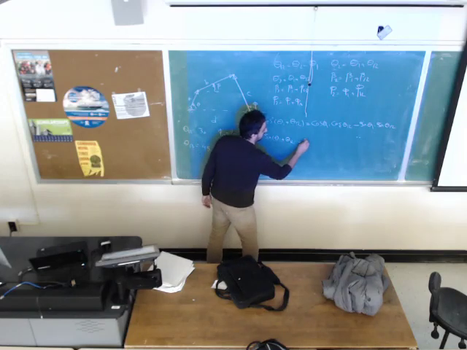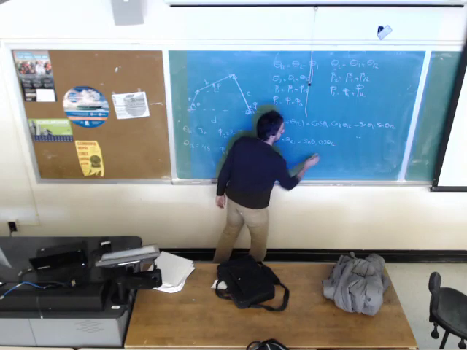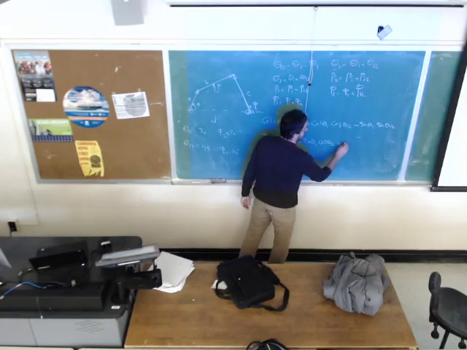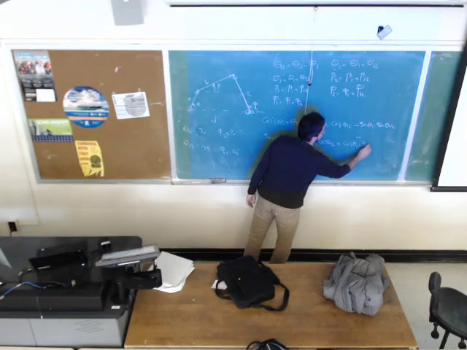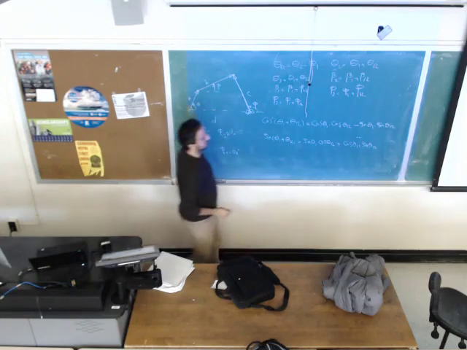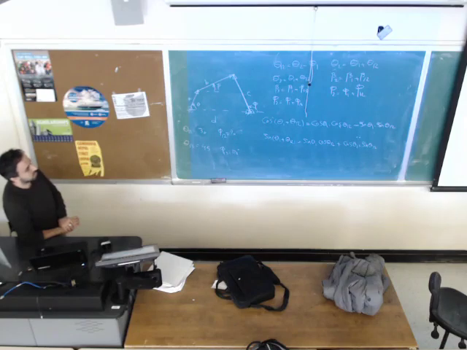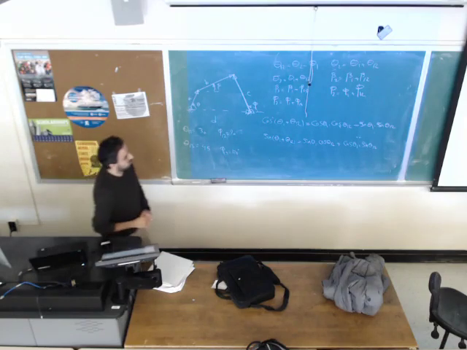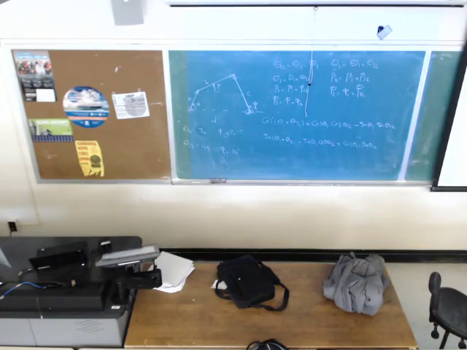Sine of the summation of two angles is going to be sine of the first angle, cosine of the second angle, plus cosine of the first angle, sine of the second angle. I just wrote these down because I'm going to use them on equations 3, 4, 5, and 6.